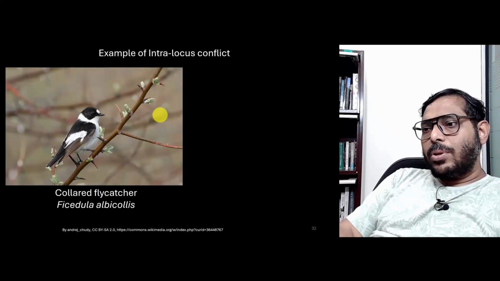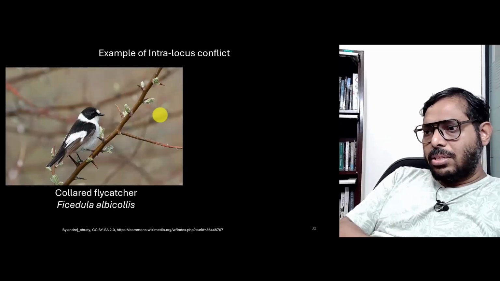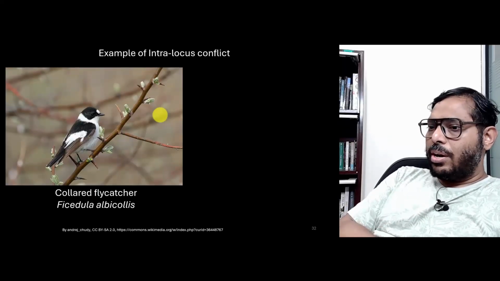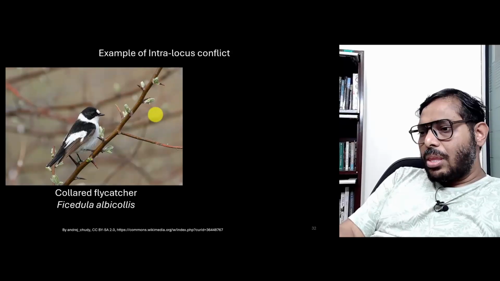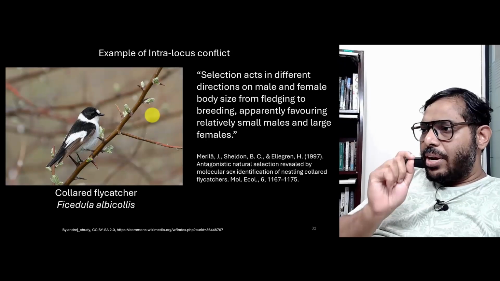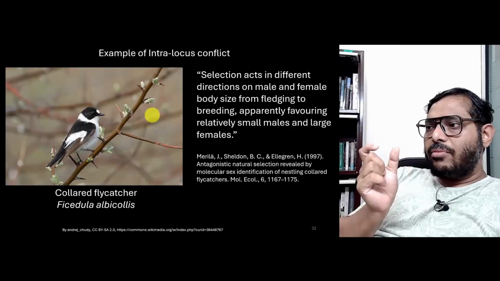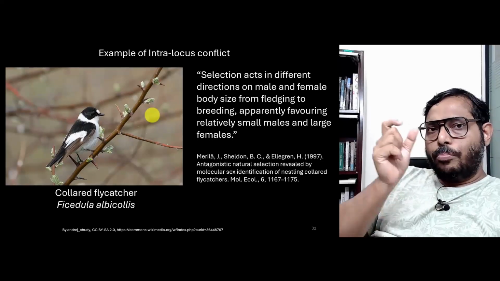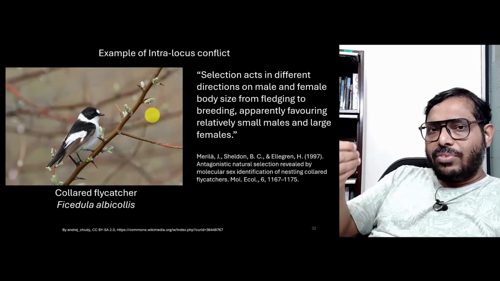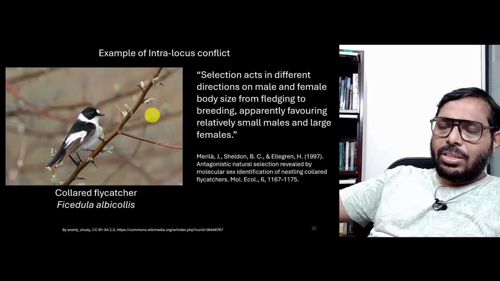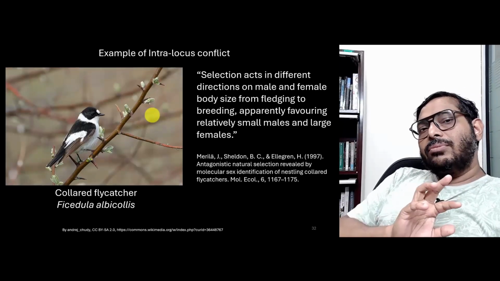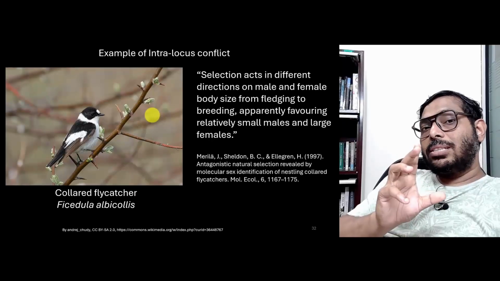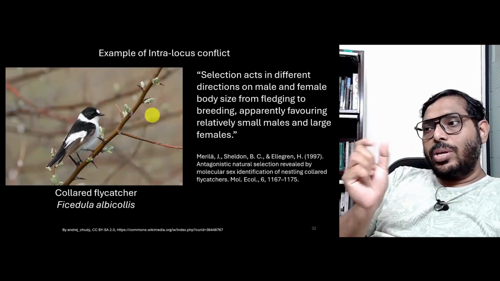Similar example in the context of this bird, again we have met this bird before, this is a collared flycatcher, and in this particular case they looked at fitness in terms of survivorship from fledging to breeding. Fledging is when the birds leave the nest, and breeding is when they reproduce, and it turns out that selection acts very differently on body size of males and females during this period.